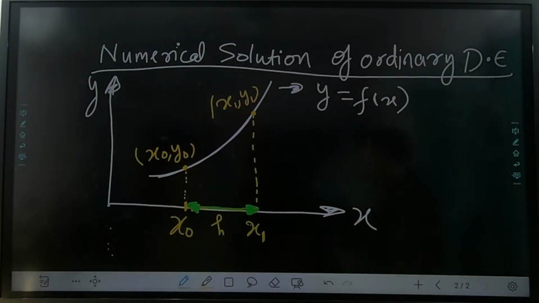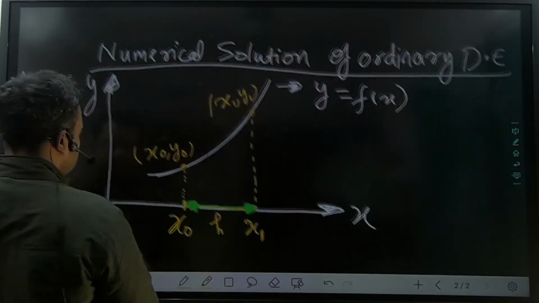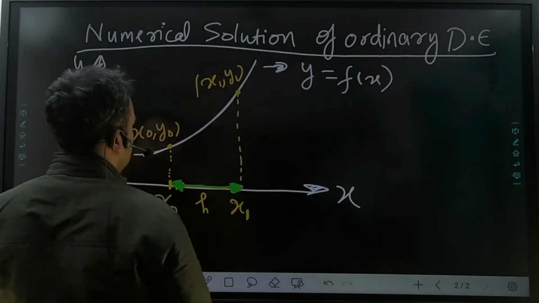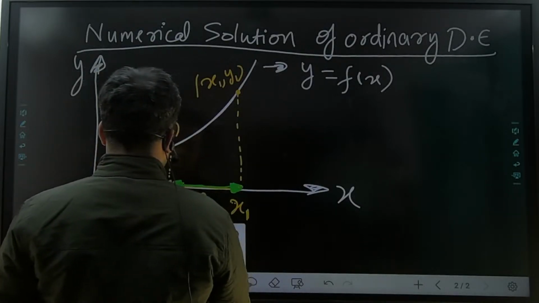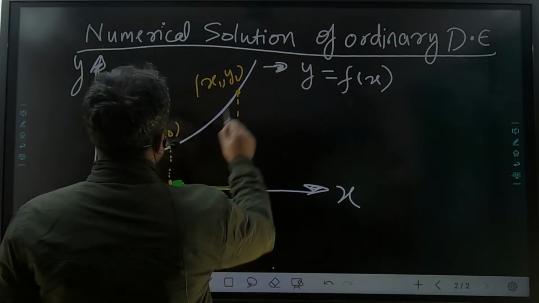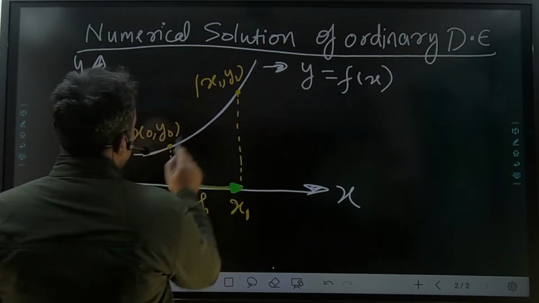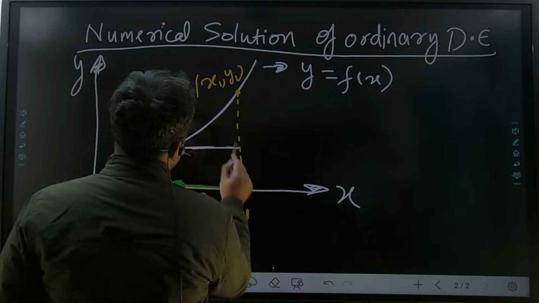Now you see here we have this type of curve. Now we have to find the slope of this curve.